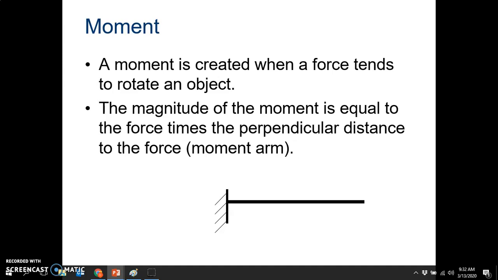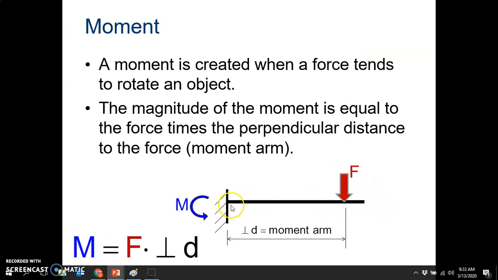We talked about moments also last class. A moment is created when a force tends to rotate. It's like torque. So the magnitude of the moment is equal to the force applied multiplied by the distance. The force is applied this distance away from where it's going to rotate, and that gives you your moment. Moment equals force multiplied by perpendicular distance.